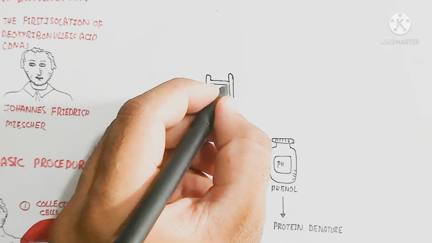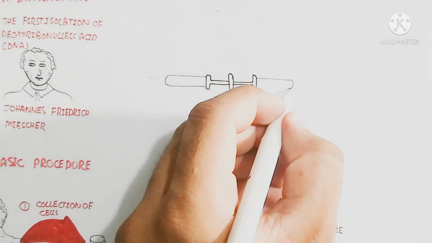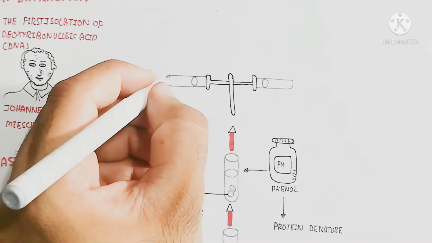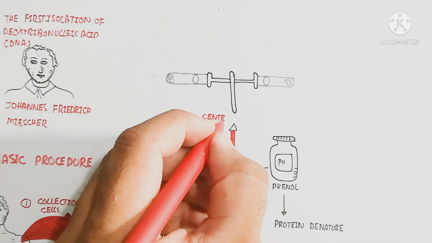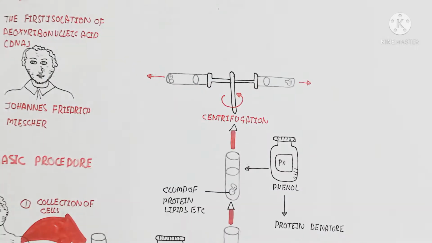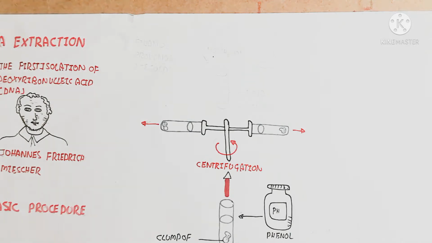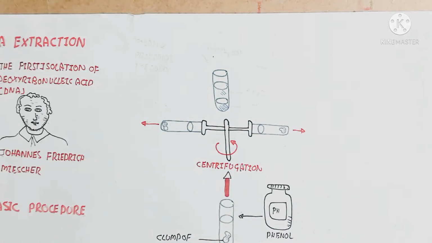Ice-cold ethanol or propanol will be used, and sodium acetate will be used. The DNA is already separated due to the centrifugation.